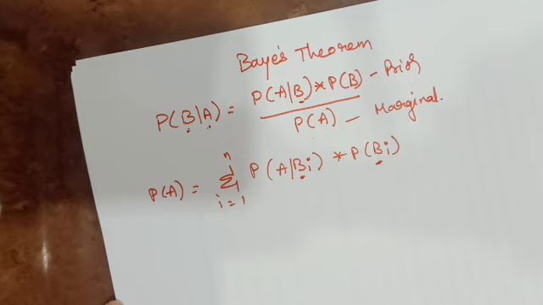Bayes theorem provides a systematic way to update our beliefs or predictions based on any new evidence. Why do we use it? Because we take the knowledge of the prior as well as the new data and integrate them into the probability calculations.